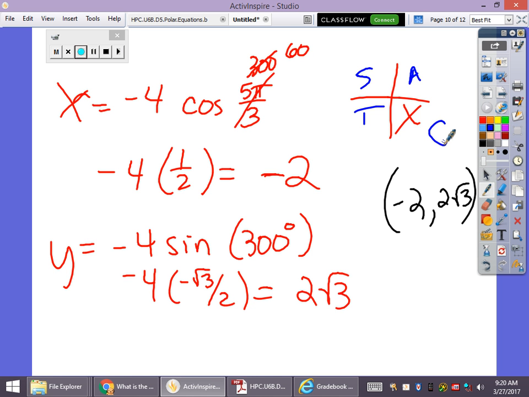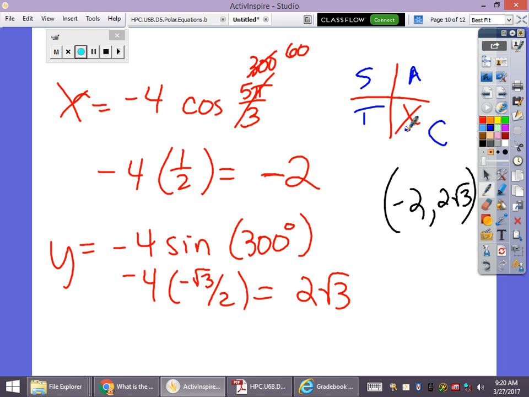So 1/2 of -4 is -2. Okay? Now, the sine of 300 is what? Hand trick. It's square root of 3 over 2. Why did I put that it was negative? Because in quadrant 4, sine is negative.